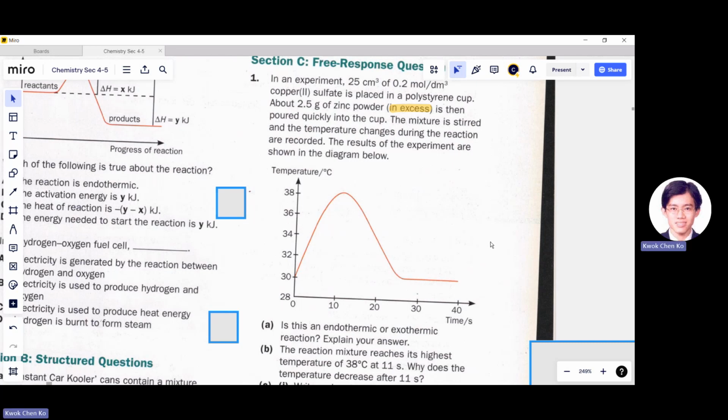So the key is once you see a temperature increase, then you're pretty sure there's an exothermic process going on. But of course, you have to answer how come the temperature decreases? Think a bit about that. Why does the temperature go down?